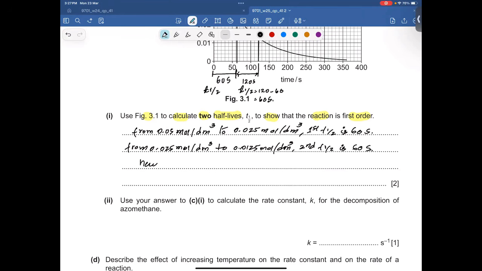Hence, constant half-life is observed. So the reaction is first order.